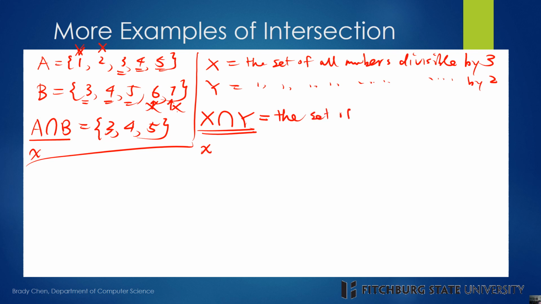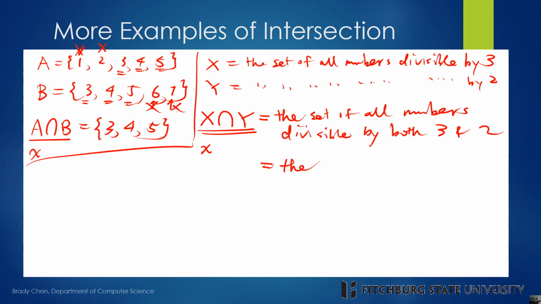It's the set of all numbers divisible by both 3 and 2. For simplification, I think that's good enough. That should be well defined, the X intersection Y.